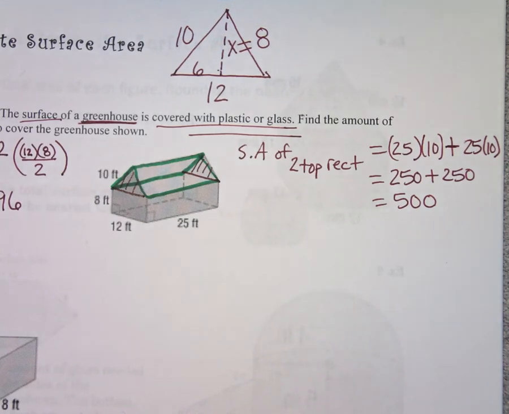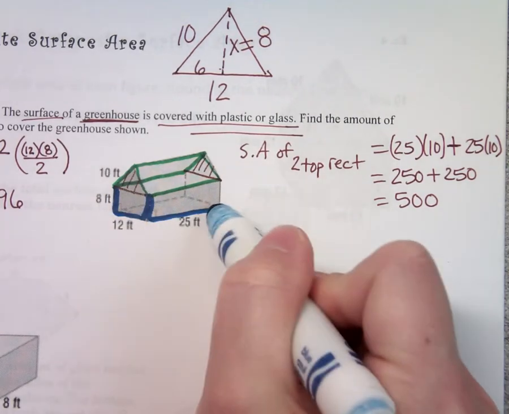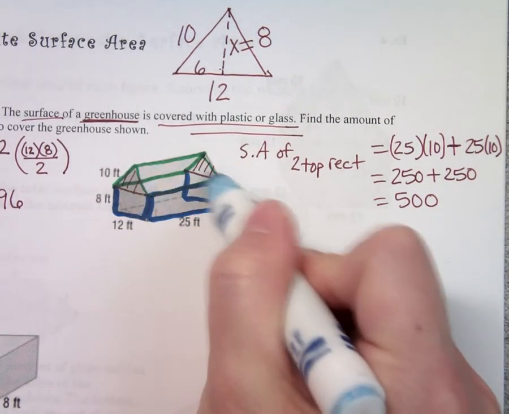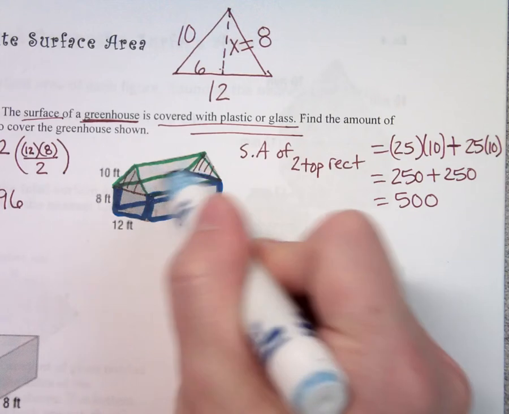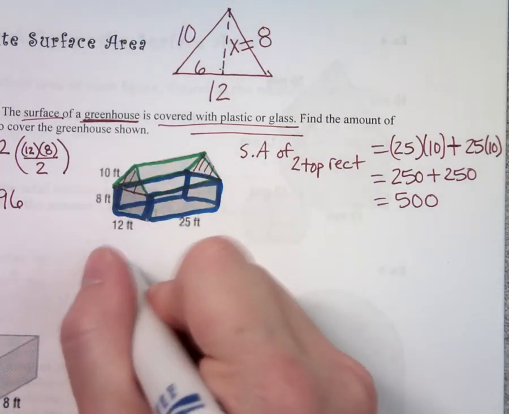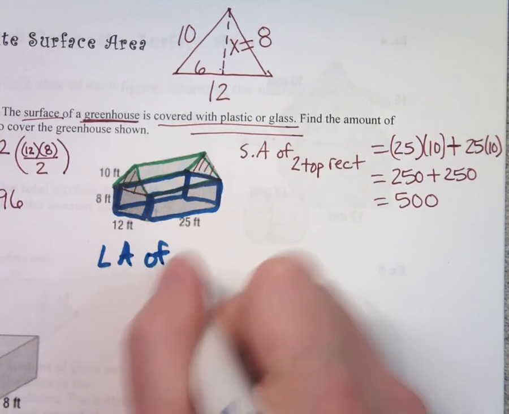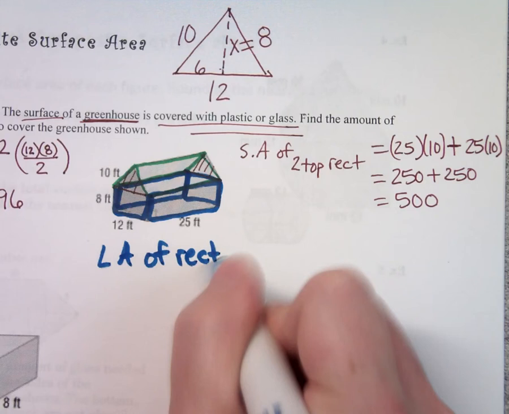Okay, so my other thing I need to find is these 4 rectangles right here. Those are the 4 I'm going to try to find, and I'm going to call that the lateral area of the rectangular prism.